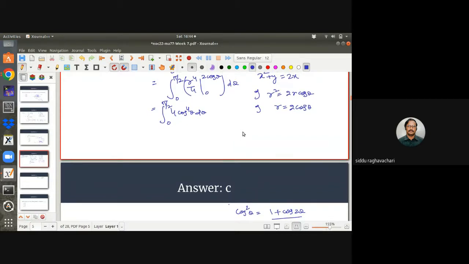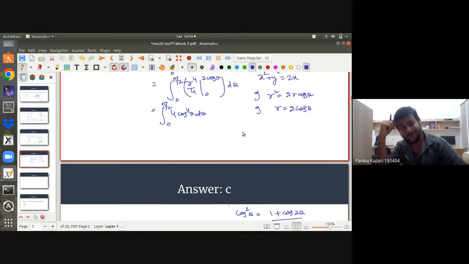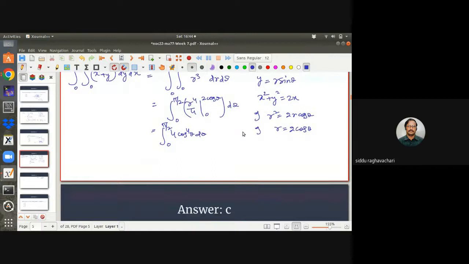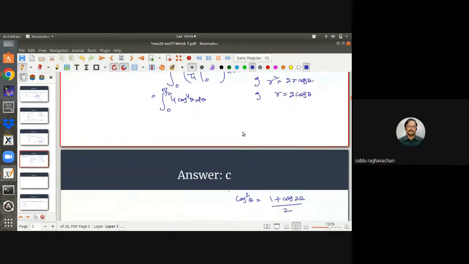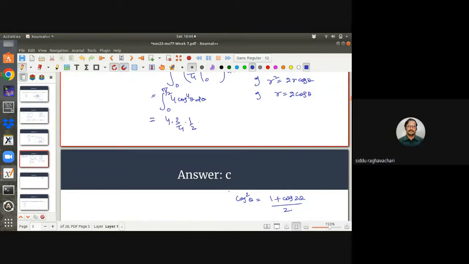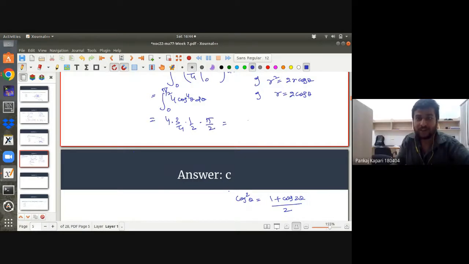Simple answer. 4 is already a coefficient, so 4 will cancel, and it's 3 pi by 4.